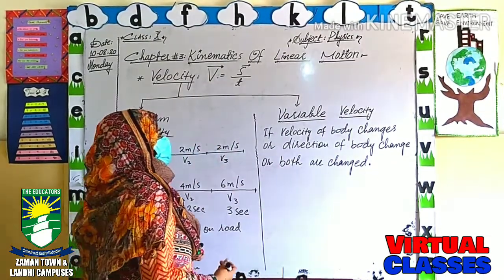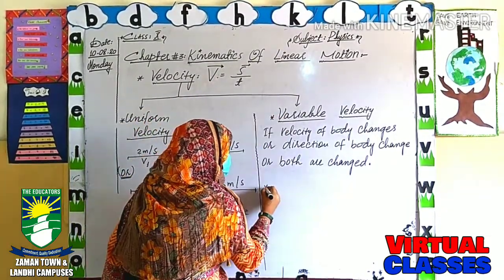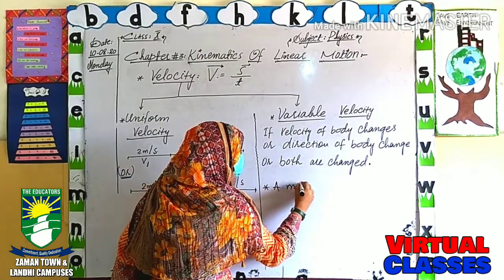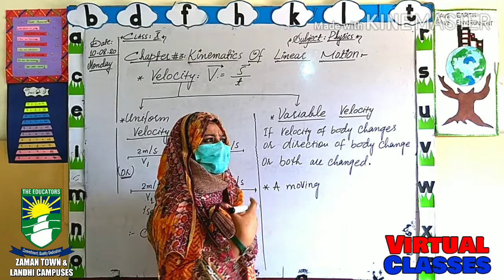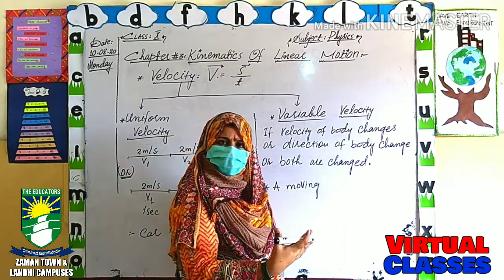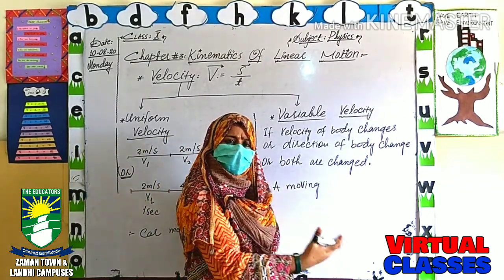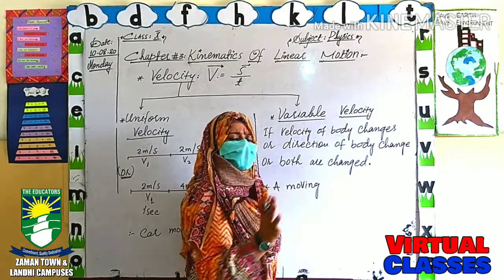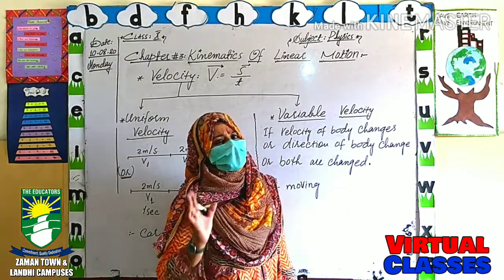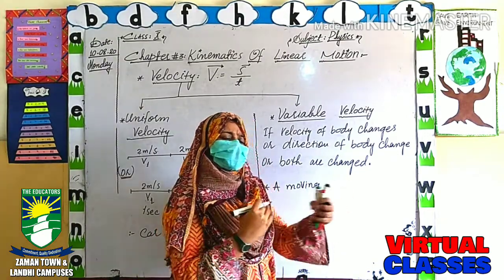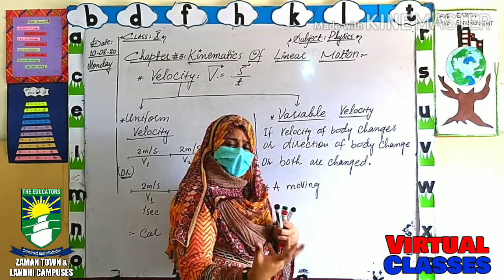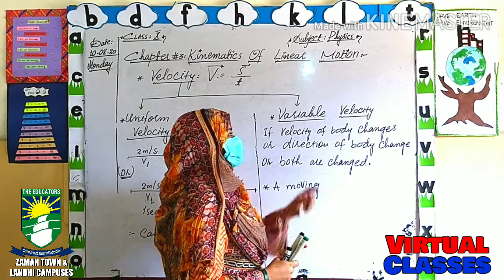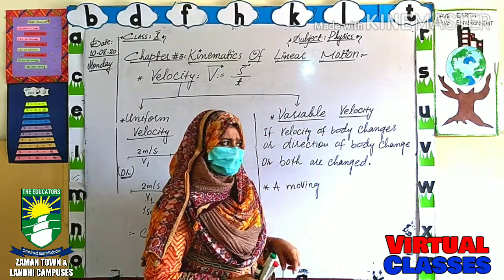An example of variable velocity can be a moving car as well, but the car is moving with different speeds. Sometimes it's moving at 2 meter per second, sometimes at 4 meter per second, sometimes faster, sometimes slower. In this way, if the car is changing its speed or velocity, slower or faster, we can say such velocity is known as variable velocity.